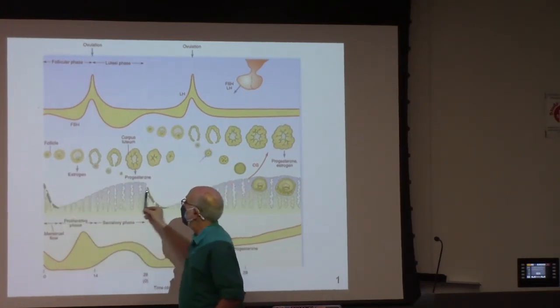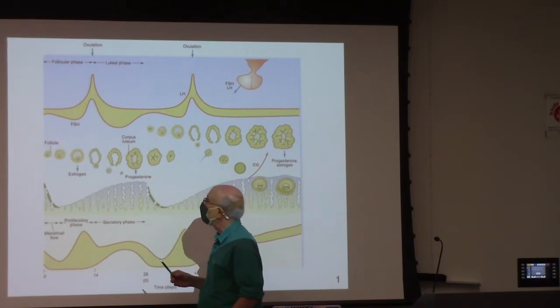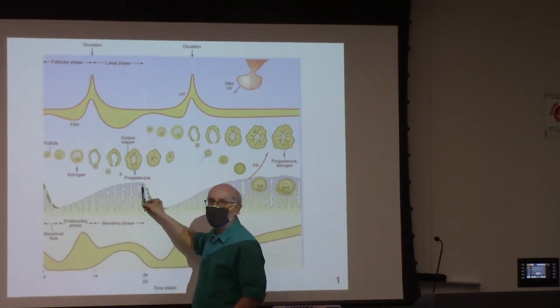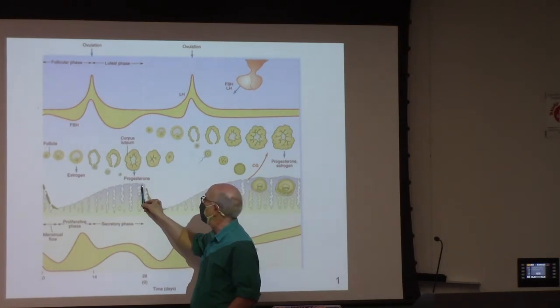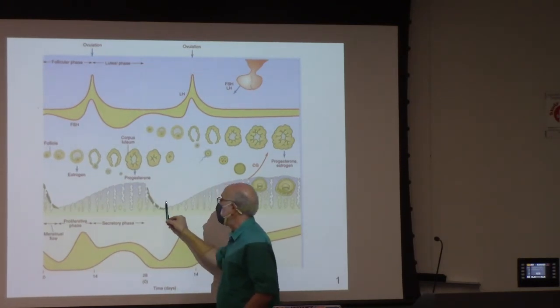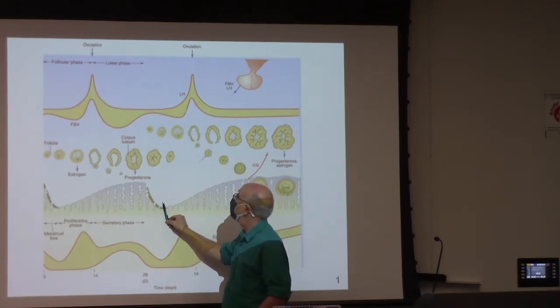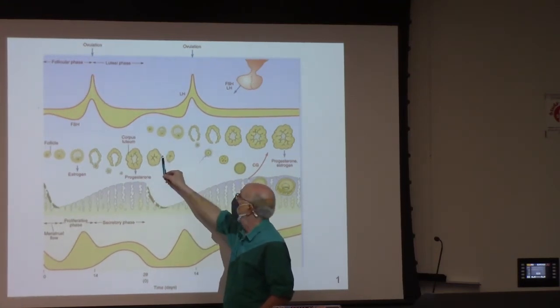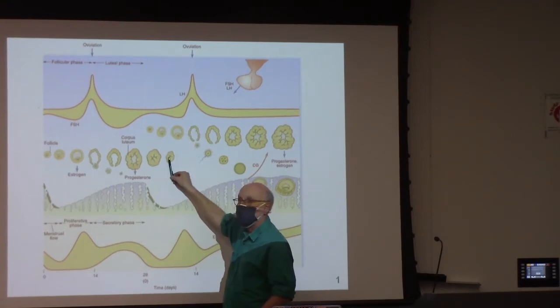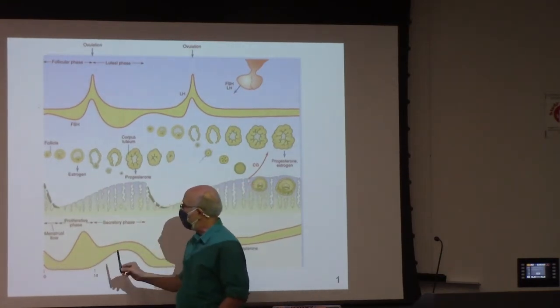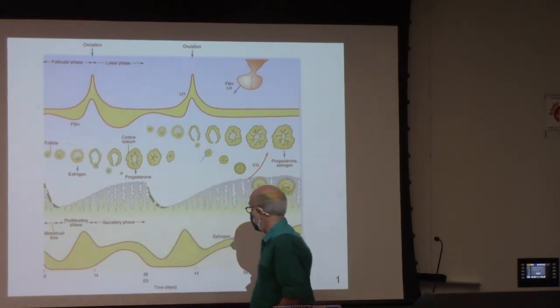This area here is illustrating, cartooning, the proliferation of the uterine endometrium, and then the degeneration and menstrual flow in the case of no pregnancy, and the degeneration of the corpus luteum. And these lines here are cartooning estrogen and progesterone changes.